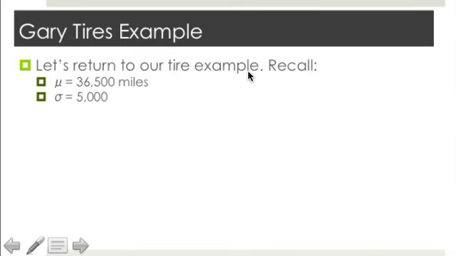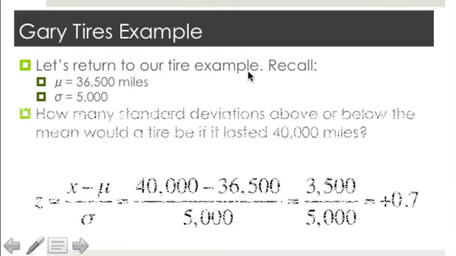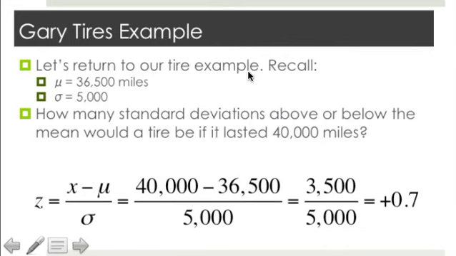This example will also serve us later when we want to start talking about computing probabilities. So remember our example about Gary tires. We had a mean of 36,500 miles, we had a standard deviation of 5,000 miles, and let's say we want to determine how many standard deviations above or below the mean a tire would be if it lasted 40,000 miles.